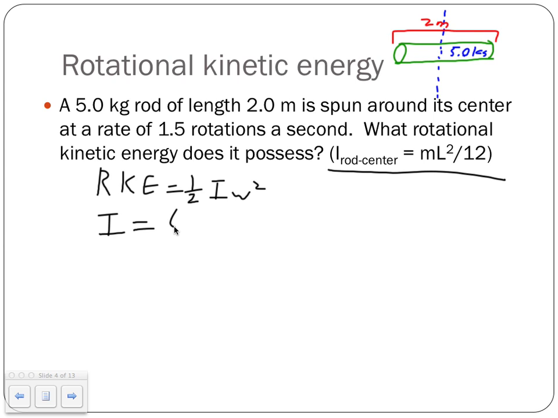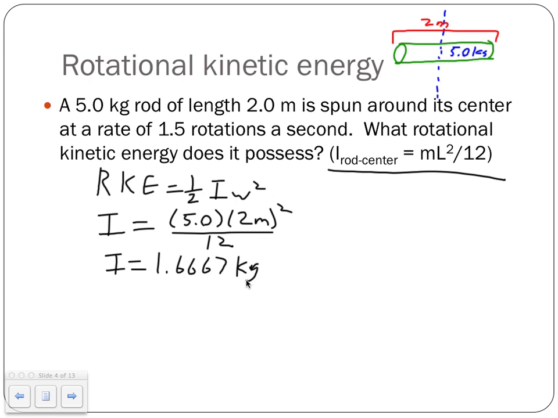The mass of the rod is 5 kilograms, which is in the right unit, and the length of the rod is 2 meters. So we say 2 meters squared divided by 12. 2 squared is 4, times 5 is 20. 20 divided by 12 is 1 2/3, so that's 1.667. Remember, units of moment of inertia are kilogram meters squared.